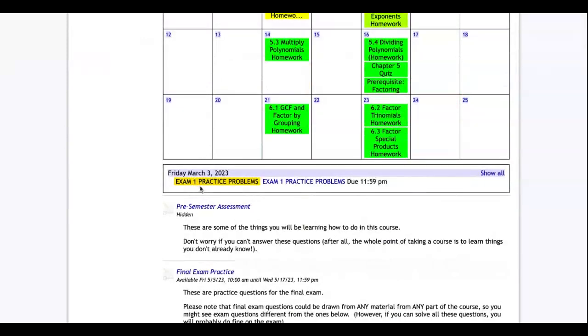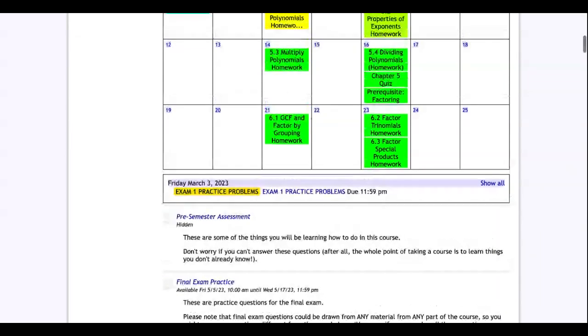Exam 1 practice problems are due at 11:59 p.m. on Friday, March 3rd, right before the exam opens. Exam 1 will be open on March 4th at 12:01 a.m., which means 2 minutes after this is due.